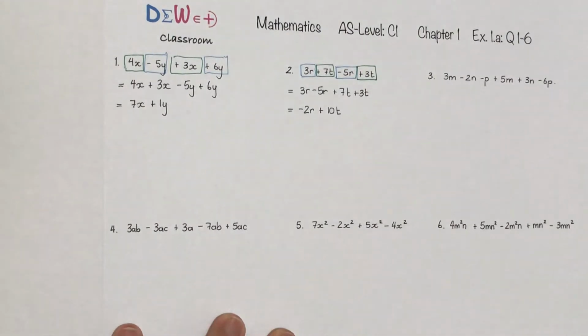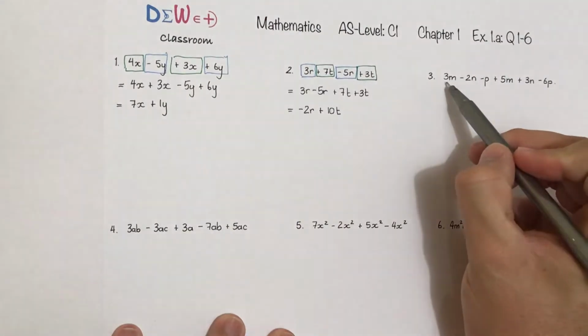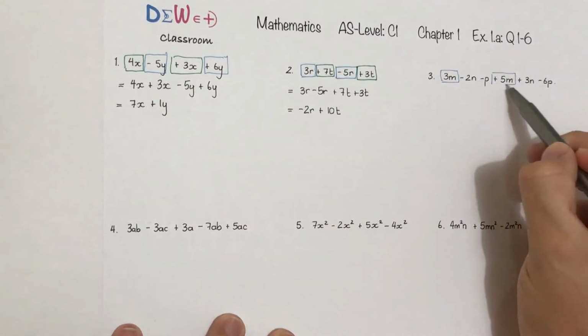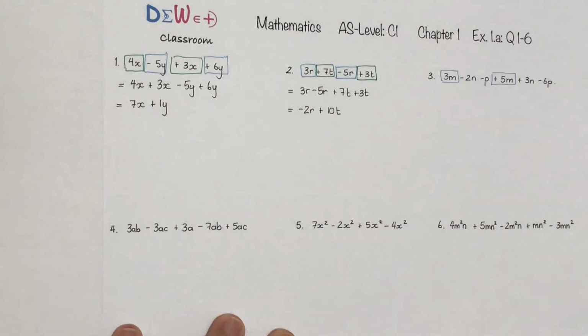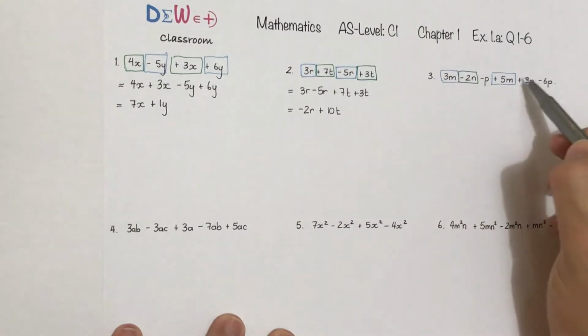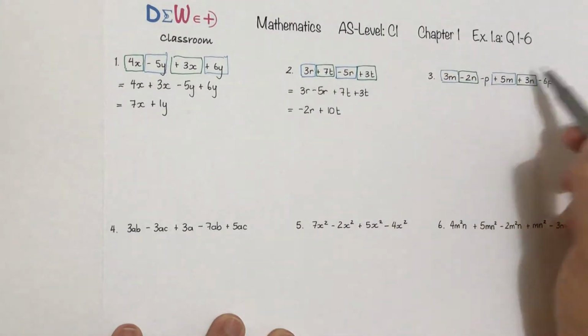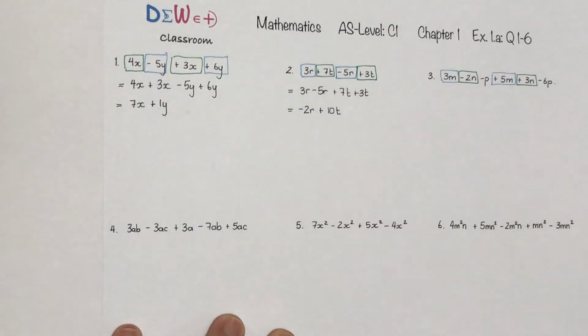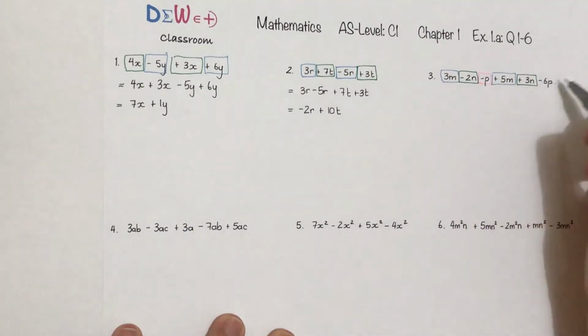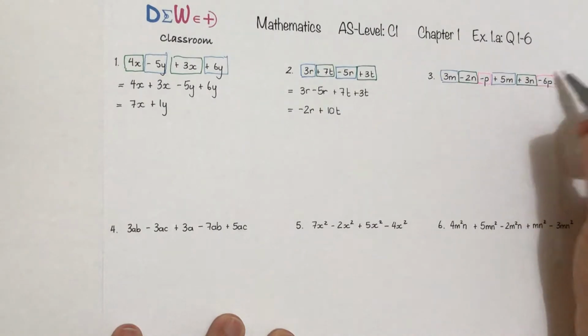We now move over to question number 3. We will follow the same procedure. We have 3m plus 5m as the one type of term. We have minus 2n plus 3n. And then we've got a third term, which is minus p and minus 6p.